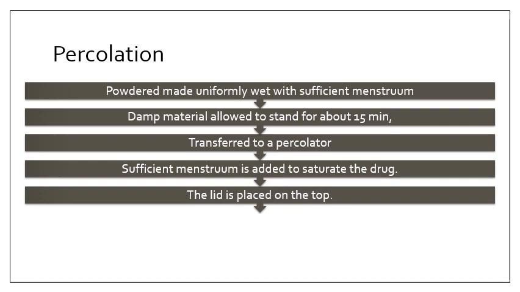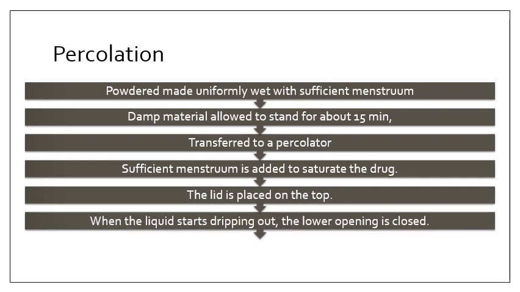Afterwards, the lid of the percolator is placed on top to close the container, and the tap at the bottom of the container is opened until the liquid is dripping out from the bottom. When the liquid starts to drip out from the bottom of the percolator, we stop the tap.